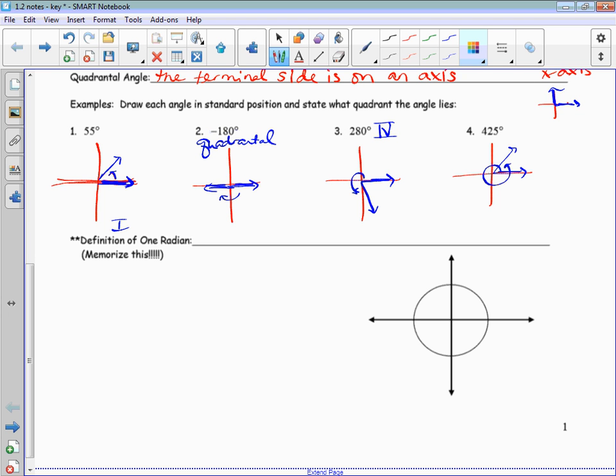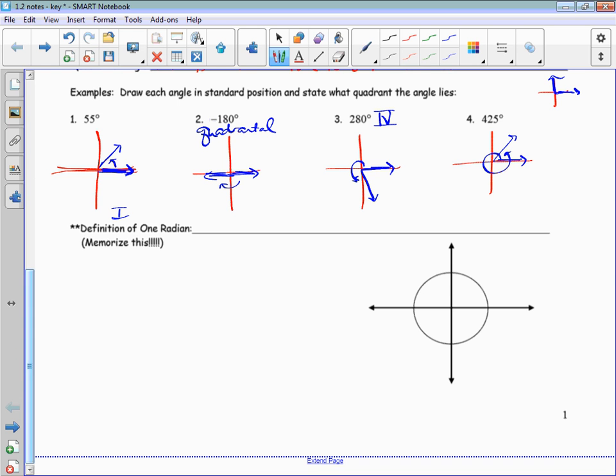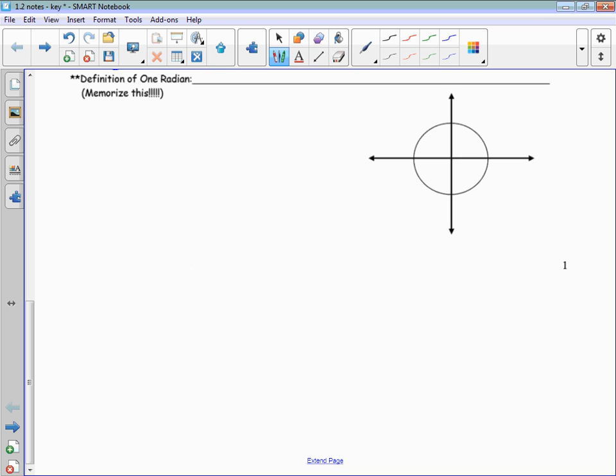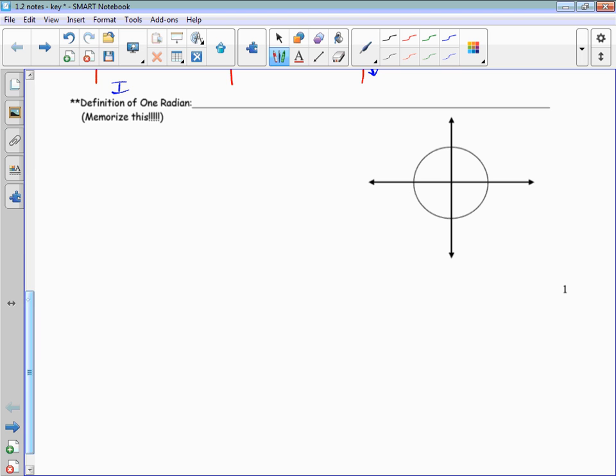Okay. All right. A radian. So you guys are very used to angles being measured in degrees, okay? By the end of trig, you will like radians as a way to measure angles better than you like degrees. You won't believe me at first, but you really will, okay?